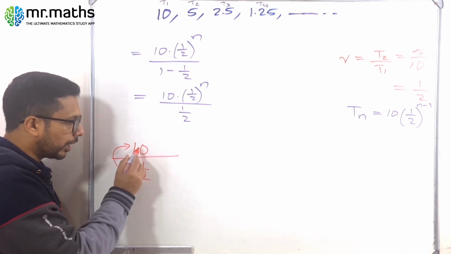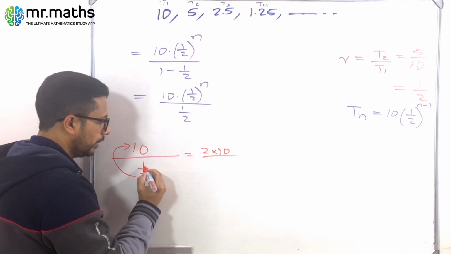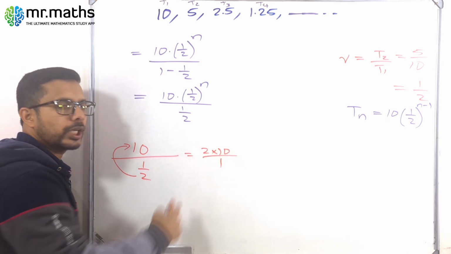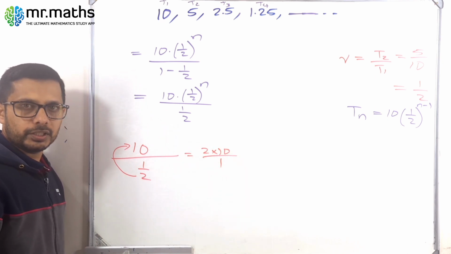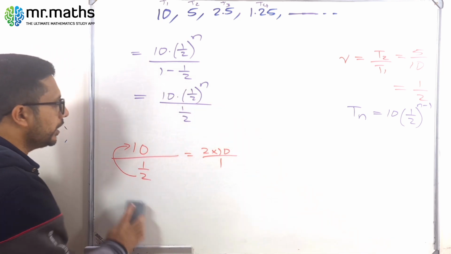So 2 times 10 divided by 1. What is 2 times 10? It is 20. 20 divided by 1 is 20. So the answer is going to be 20.